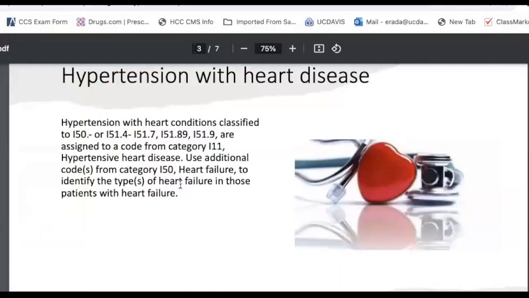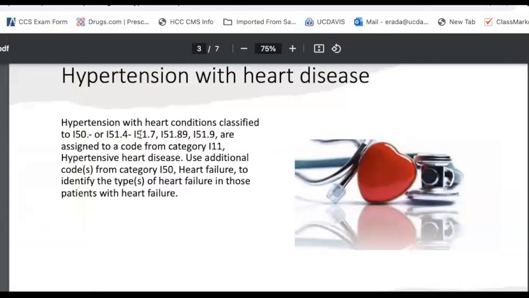When you're reading a patient's chart and you establish that the patient is hypertensive, and at the same time the patient has other conditions like those we looked at in the book, myocarditis, cardiomegaly, and other ill-defined heart diseases, what hypertension code are you going to assign? Let's go back and read the guidelines, guys. The guideline says you are to assign I-11.